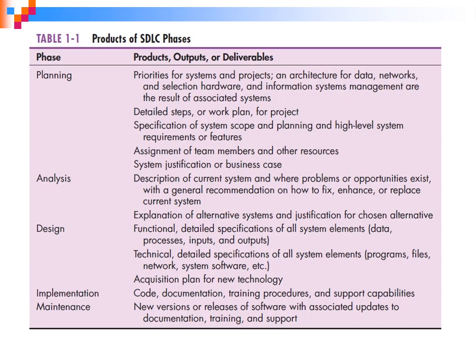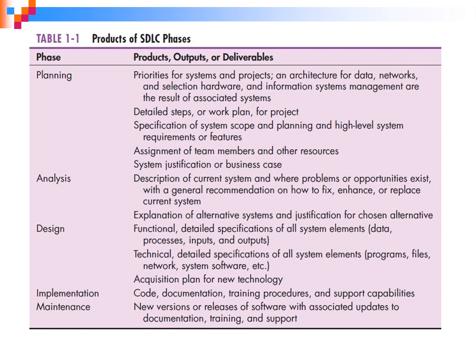So here are the products of the SDLC phases. Let's start with the phases, and on the table you can see the product outputs and deliverables. Let's start with planning. For planning, the products, outputs, or deliverables are priorities for systems and projects, and architecture for data, networks, and hardware selection, and information system management are the result of the associated system.